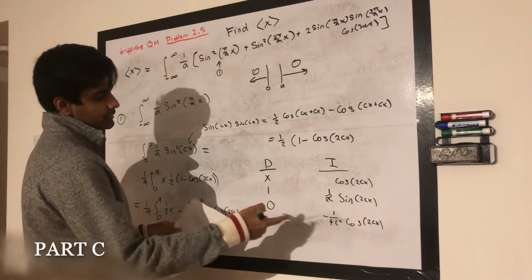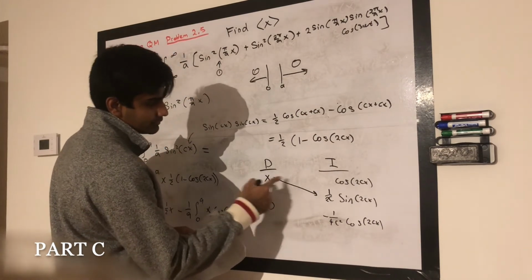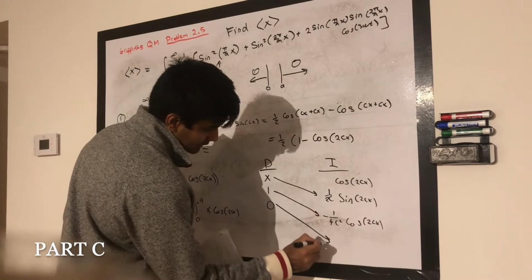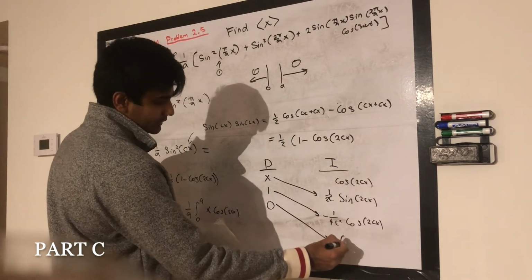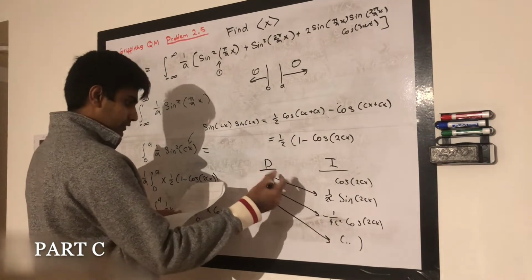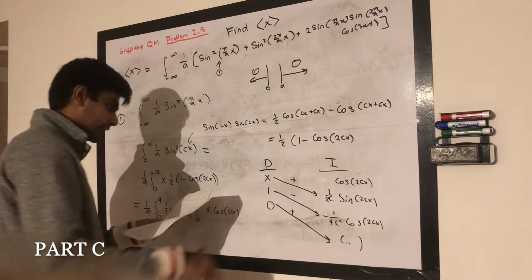Now to do the integration by parts, you multiply down from the derivative to the integral. And this is going to be 0 times whatever this is, so it doesn't really matter. Now you start off with a plus, minus, plus, and you keep rotating.